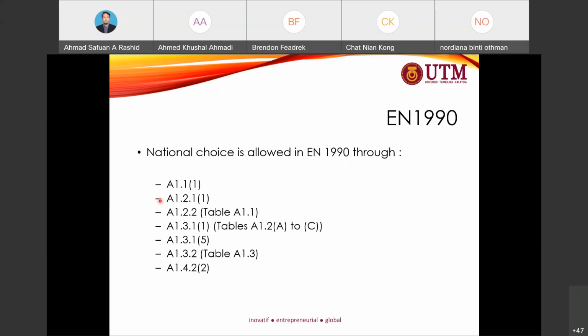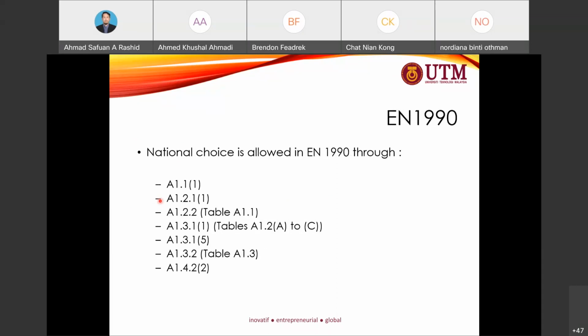So when we refer to EN 1990, there are sections discussing the national choice allowed in Eurocode 1990 through all these sections, starting from A1.1.1 until A1.4.22.